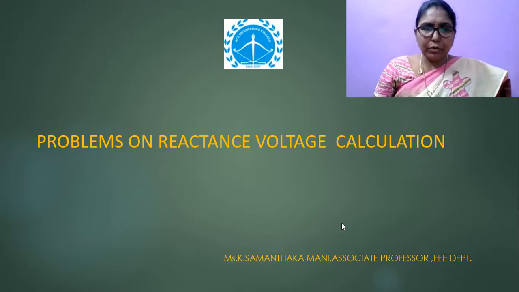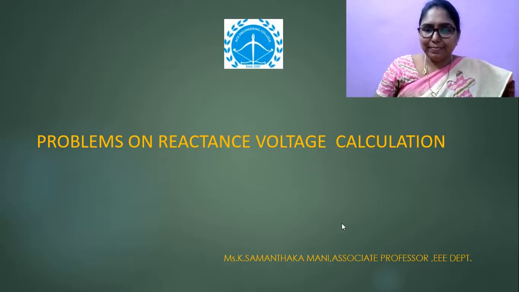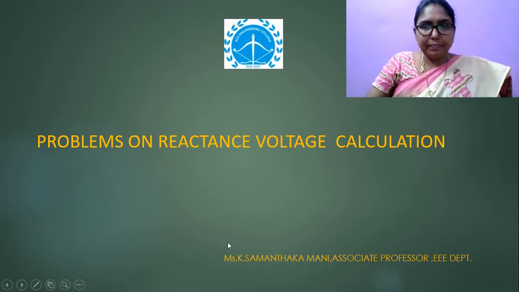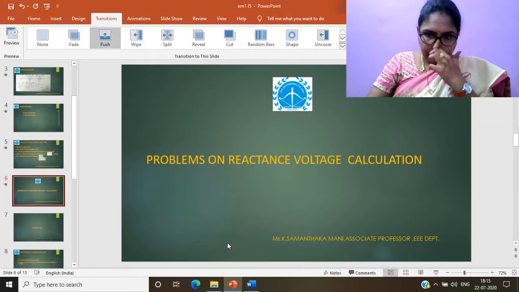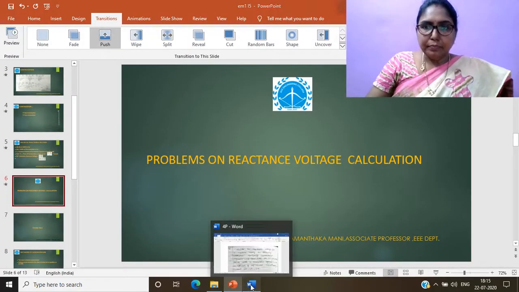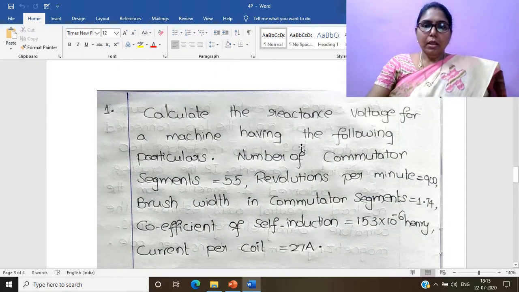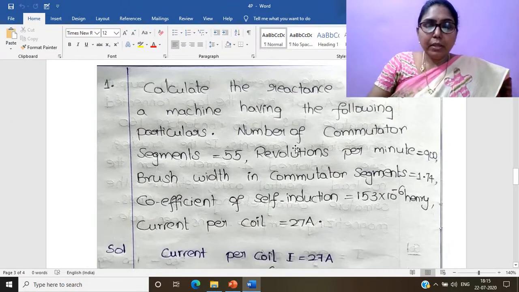For continuation, I would like to solve some problems based on this reactance voltage calculation. This is a problem based on the reactance voltage calculation. Let me read out this problem.